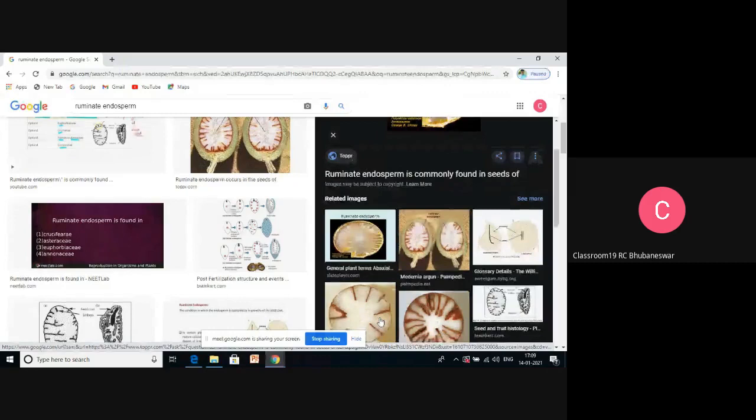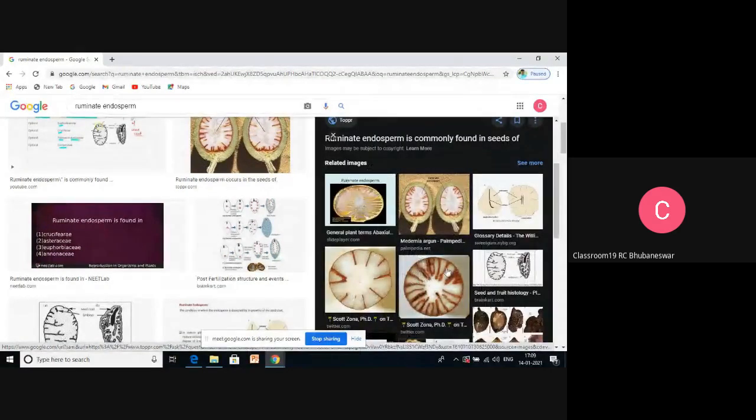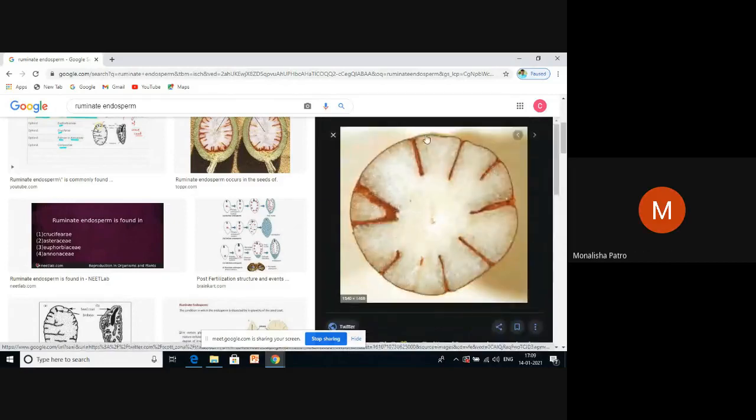Look at this betel nut. The endosperm is not completely uniform; there are cuttings all over, the periphery is not uniform. So it is known as ruminant endosperm.